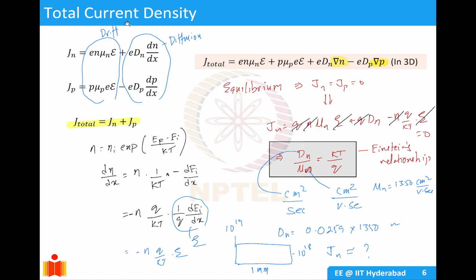So total current density will then be the sum of drift current and diffusion current. So Jn would be e n mu n E, the electric field, plus e Dn del n by del x, and Jp will be e p mu p E, into electric field, minus e Dp del p by del x.